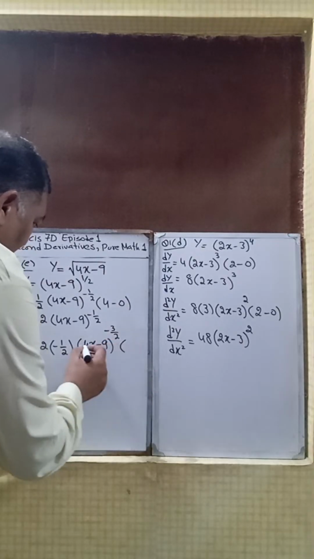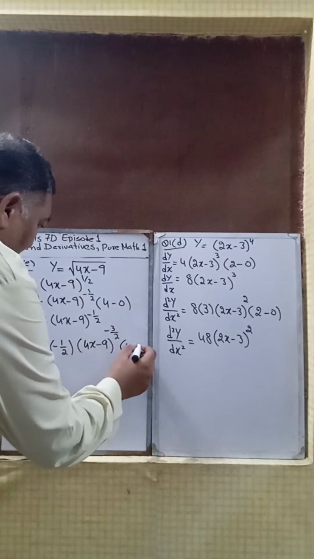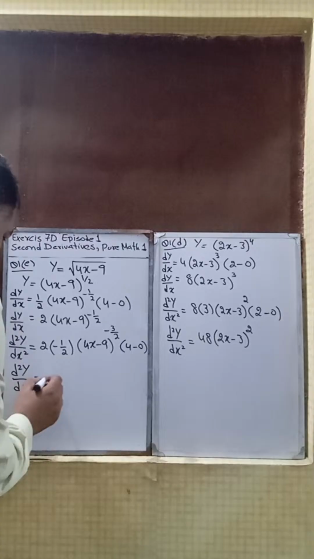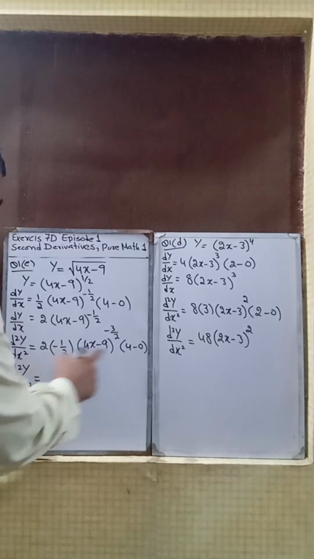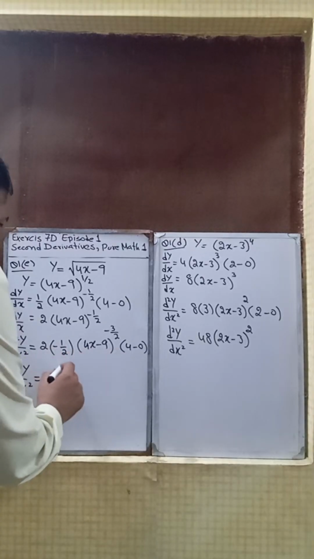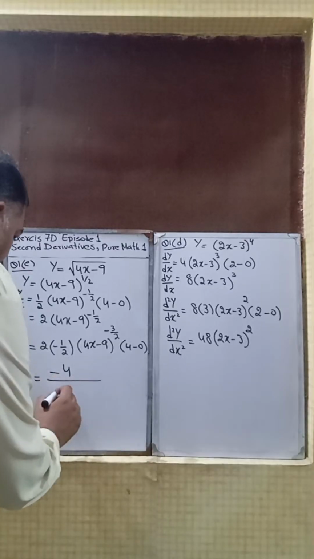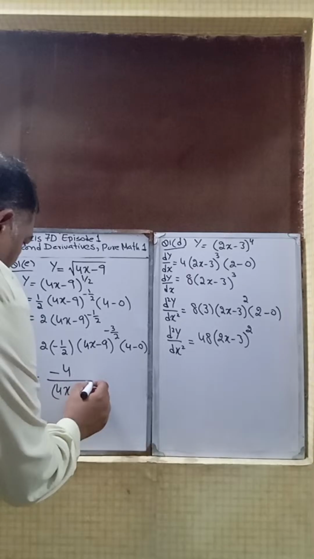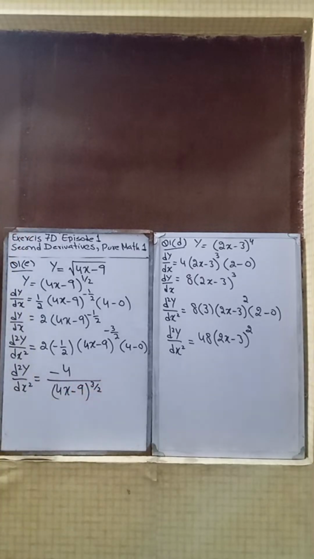The derivative of the base will be 4 minus 0. So d square y by dx square will be equal to 2 cancelled, minus 1, minus 4, and that comes downstairs. So it is 4x minus 9 raised to power 3 by 2. You can leave this like this, or if they have changed it, we will also change that.